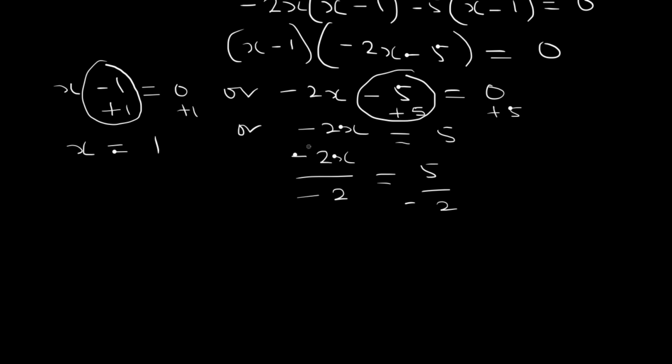So if we do that, minus will cancel out minus, and 2 will cancel 2. So we'll have x remaining there. We'll have x is equal to minus 5 over 2.